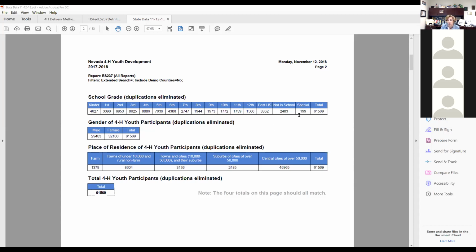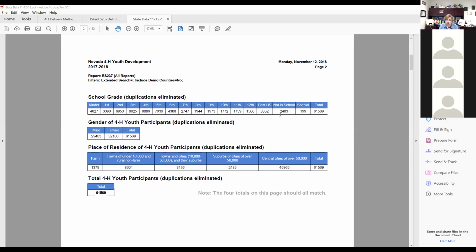Those are way too high. I can guarantee you we do not have 3,352 youth that are participating in our 4-H program that have graduated from high school and are in college. I'm not sure what they're using that number for. But again, that is what they're supposed to be used for.